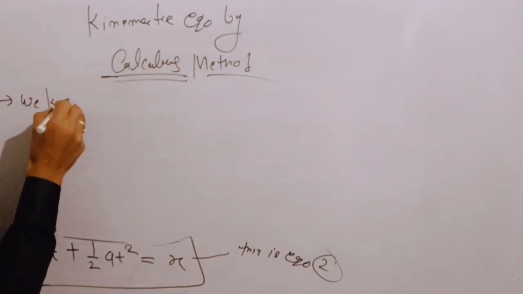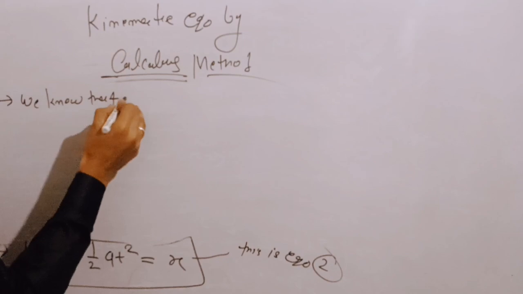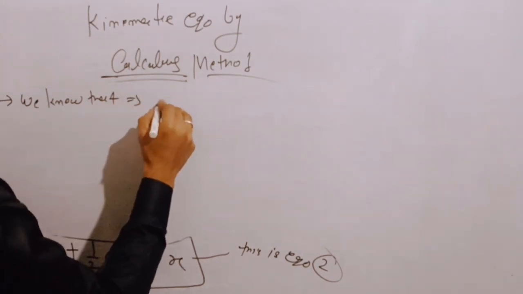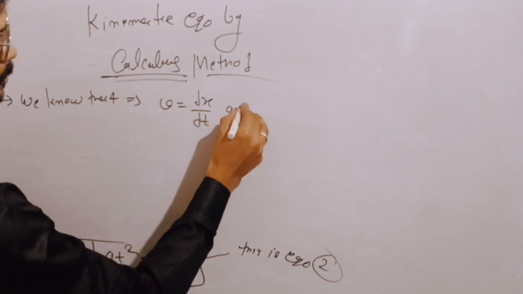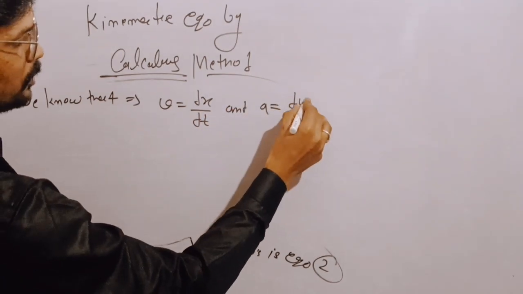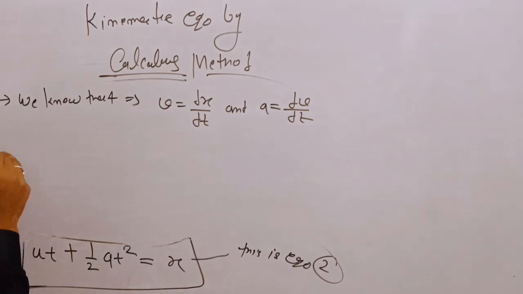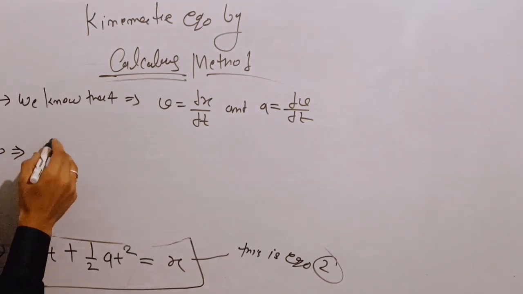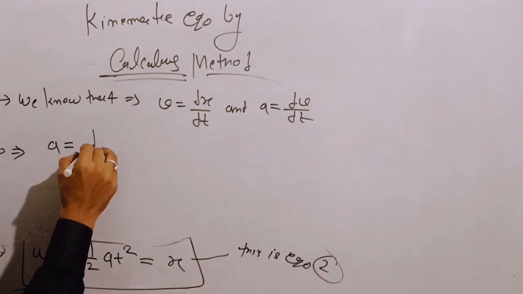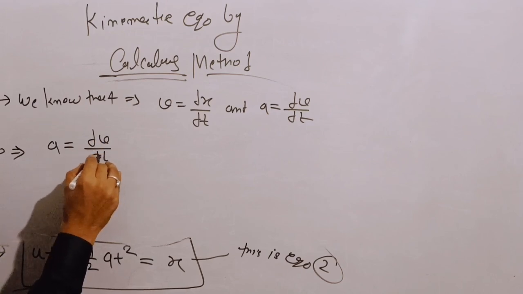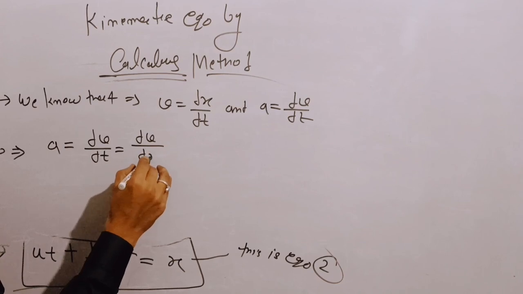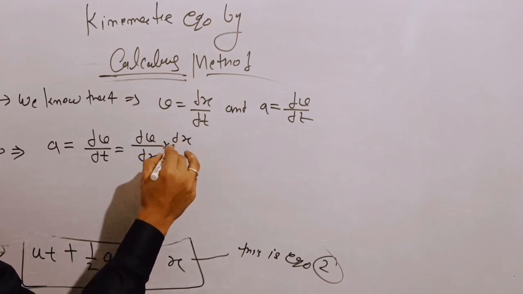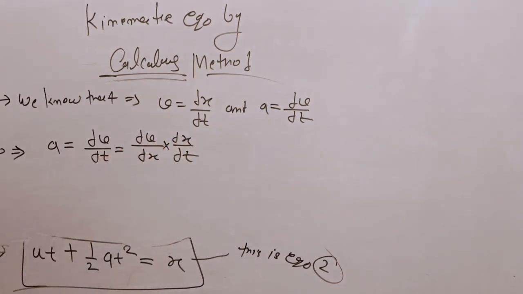And find out the equation number 3. So we know that v is equal to dx upon dt and a is equal to dv upon dt. So a is equal to dv upon dt, which is dv upon dx multiplied by dx upon dt.